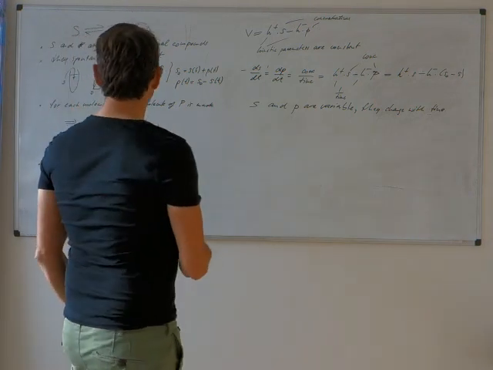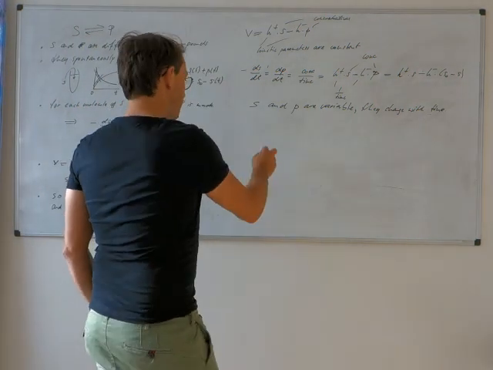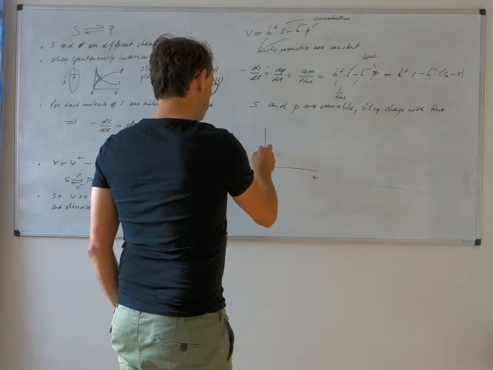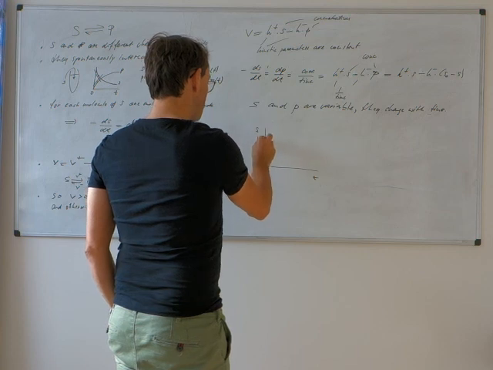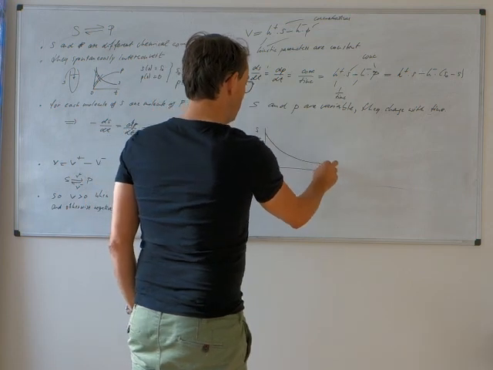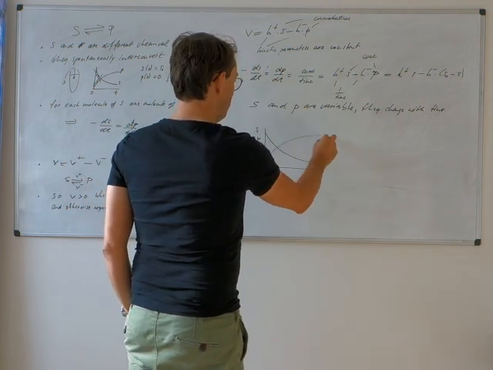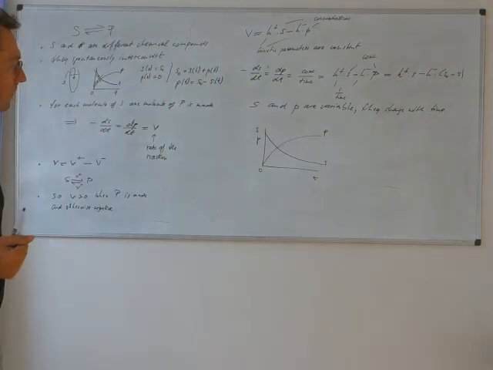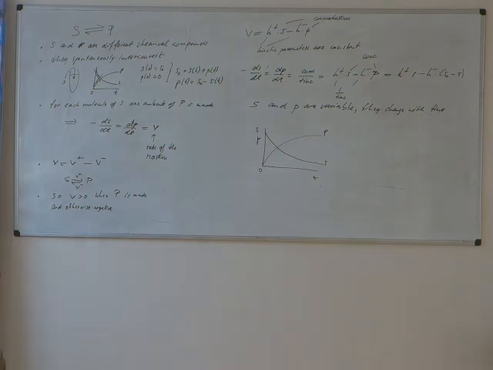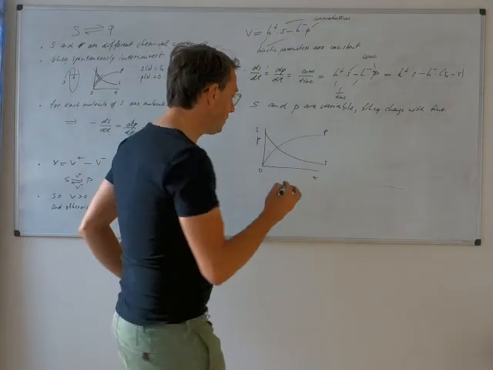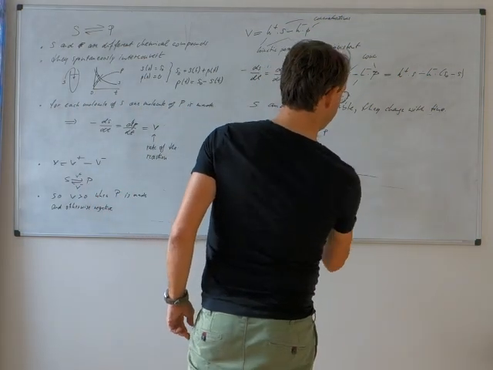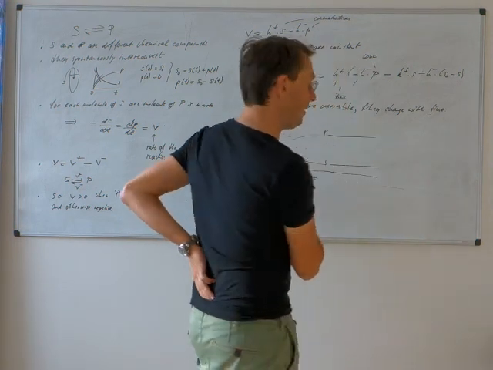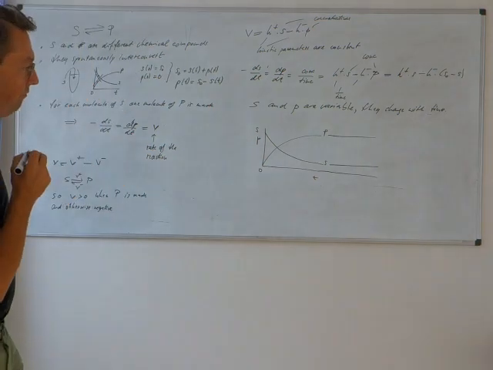Okay, so if I look again at this experiment, I have S and P, this is S, and this is P. You have to think for a minute, why is it that S is not going to be 0 eventually? Why is S going to stay constant and P also to a certain value?